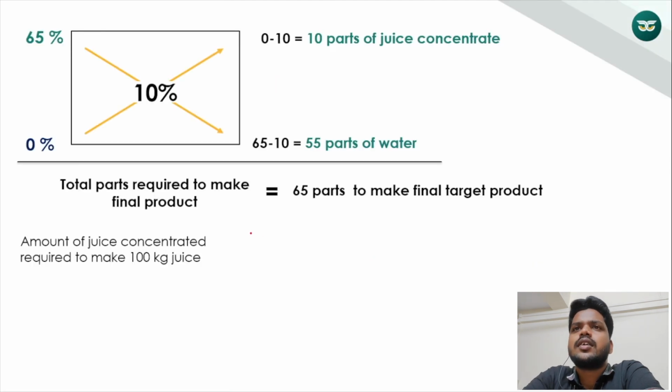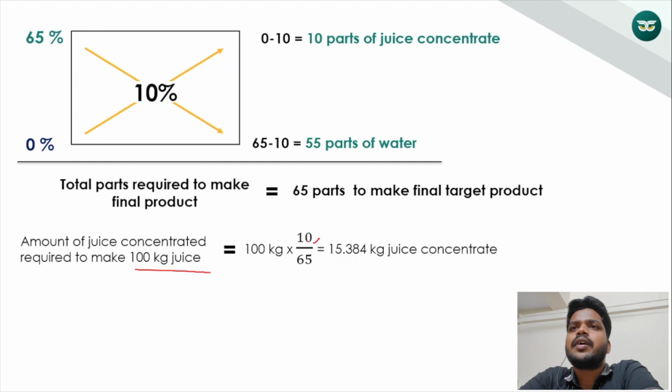In order to make 100 kg of juice, we will require some amount of concentrate and some amount of water. We already know 10 parts out of 65 parts is juice concentrate. Multiplying this by the final value, 100 kg, we get 15.384 kg of juice concentrate.